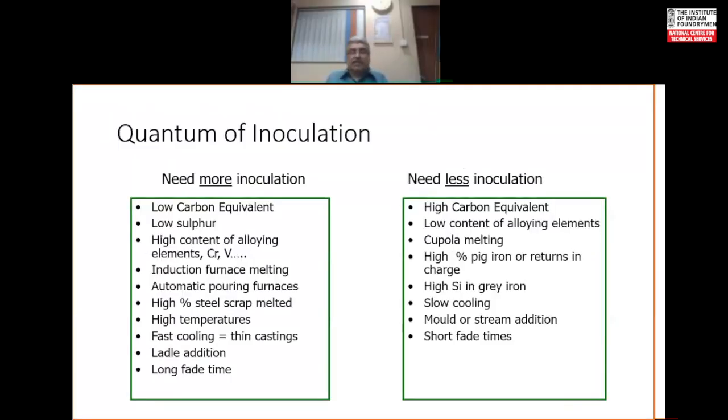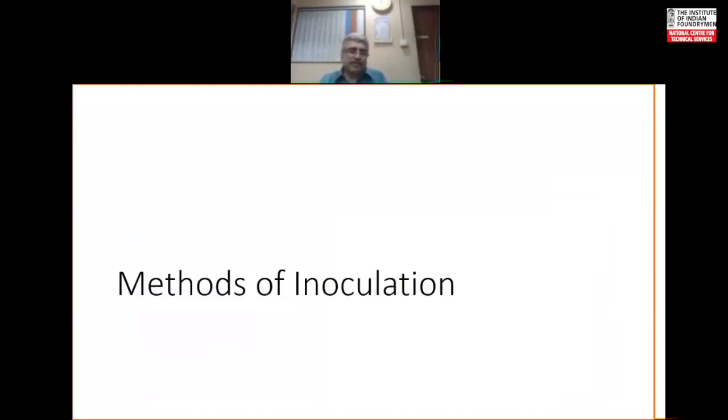Or there is high silicon in the gray iron again. If you are making that type of casting, again the nucleation levels will be high. If there is going to be relatively slow cooling, then again you will need less inoculation. And if the cooling is going to be faster, I have already mentioned short cooling times, less inoculation.